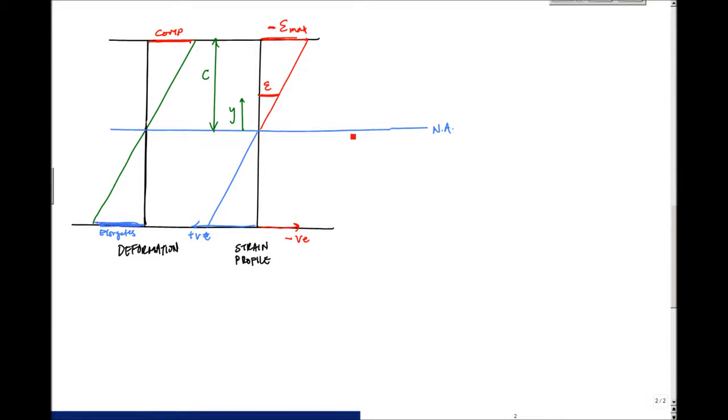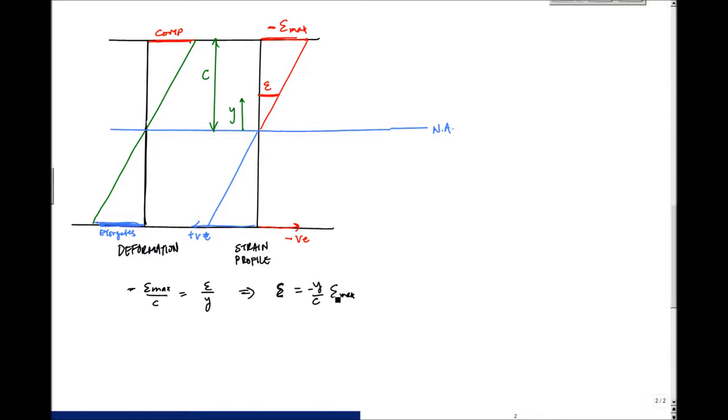And by similar triangles, I can say that minus epsilon max over c is equal to epsilon over y. So the normal strain at any location y is epsilon equals negative y over c times epsilon max. This is the relationship for normal strain at any location with respect to the maximum strain.